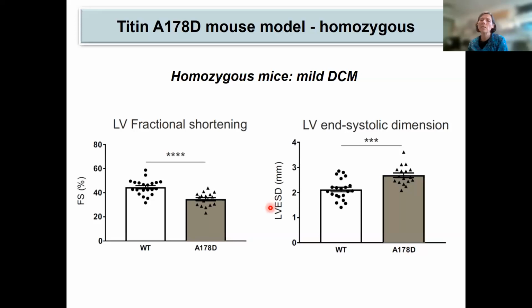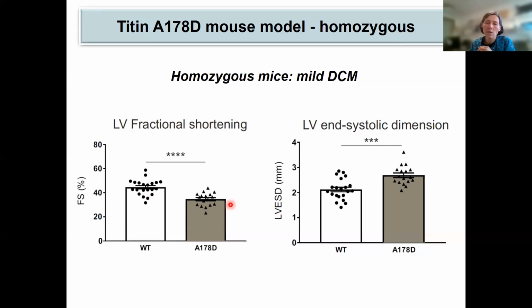So, but what we can do if this happens is we can breed mice to homozygosity. So instead of having a normal copy and a mutated copy, we can generate mice that have both copies of titin mutated. And then you see evidence of mild dilated cardiomyopathy in these mice.